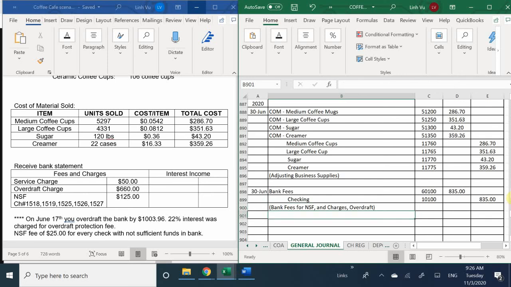Now that we have all of that configured, so what comes next?